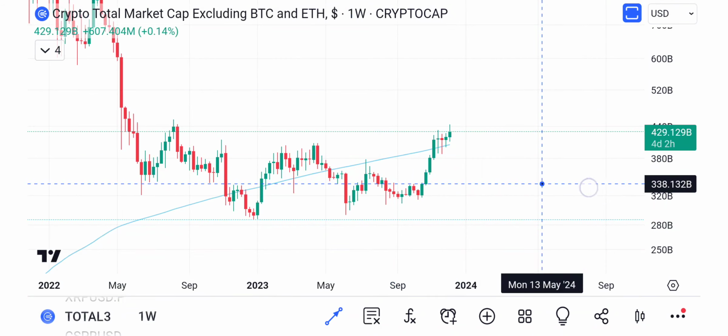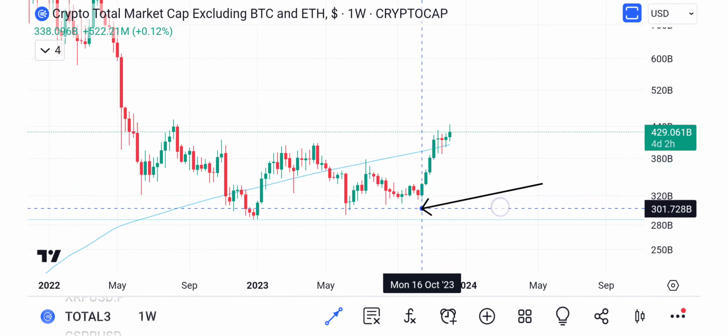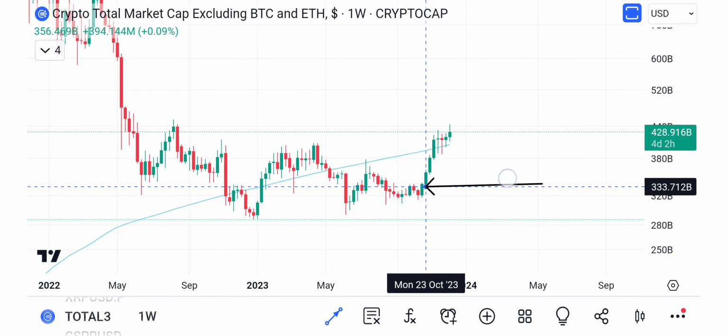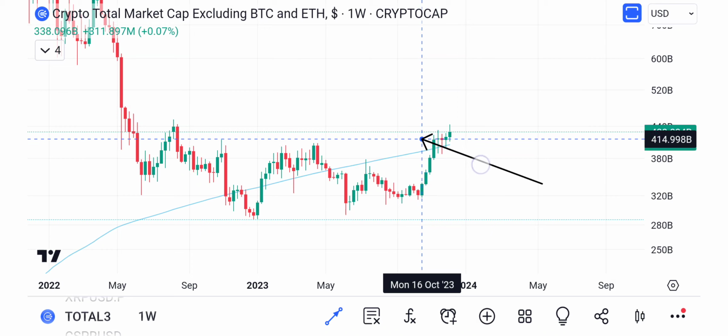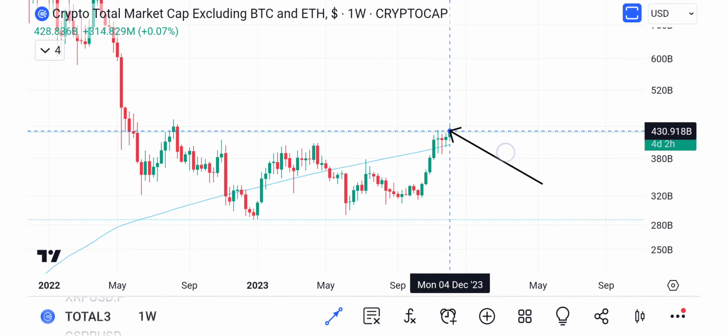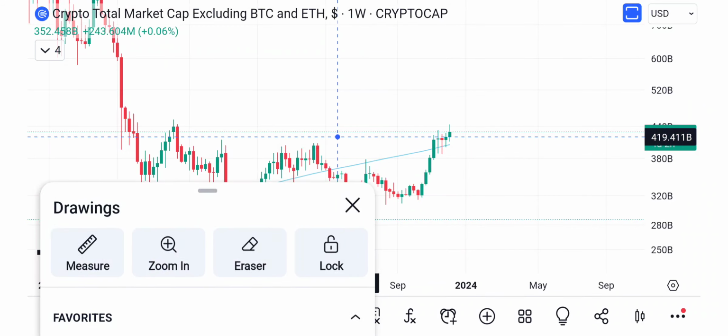If you notice, we have 1, 2, 3, 4 green weeks. So that's 1 month of solid uptrend. Then we have this sort of consolidation right here. And now we're attempting to break that consolidation to the upside.